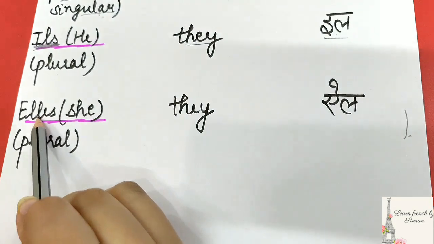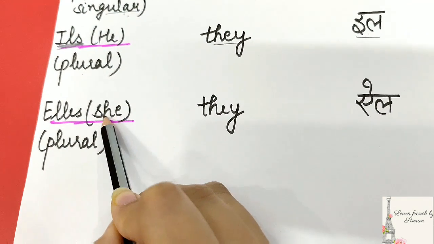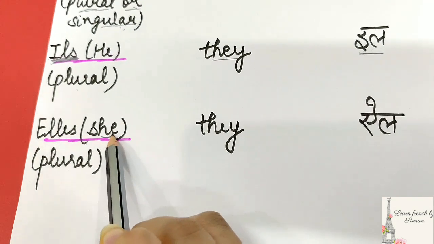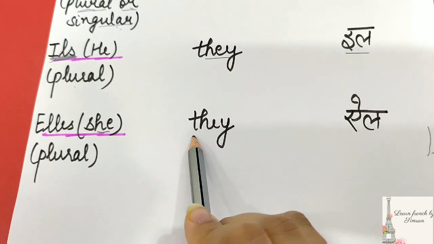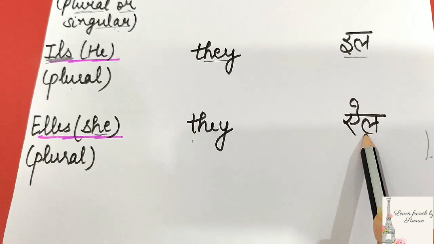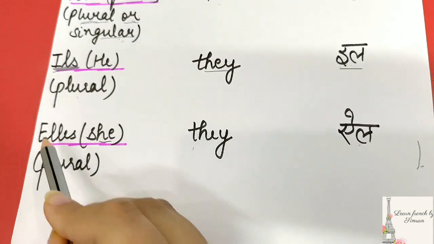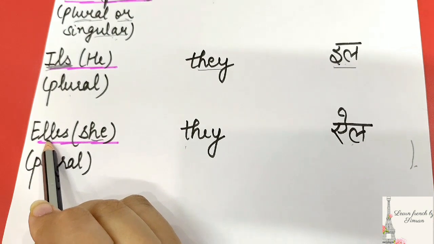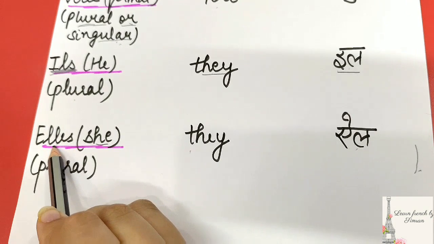Okay, so our next personal pronoun is "elles," and it is used for she, means it is used for females, and it means the same thing, you are referring to they, the other people. Its pronunciation is "elle," and again you will use it for plural. Now you have to use it only for females.